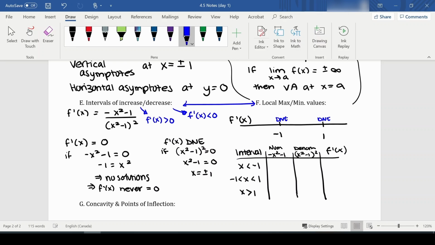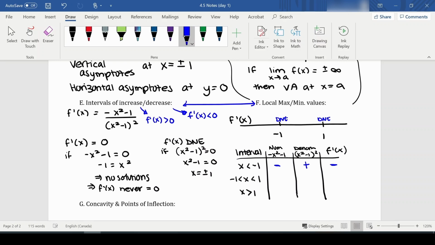So if I put in something less than -1, say -5, my numerator is going to be negative. My denominator, I'm squaring at the end, so no matter what I do, my denominator is positive. If I take a negative number and divide it by a positive number, I get a negative answer. In my next interval, I could try something like 0.